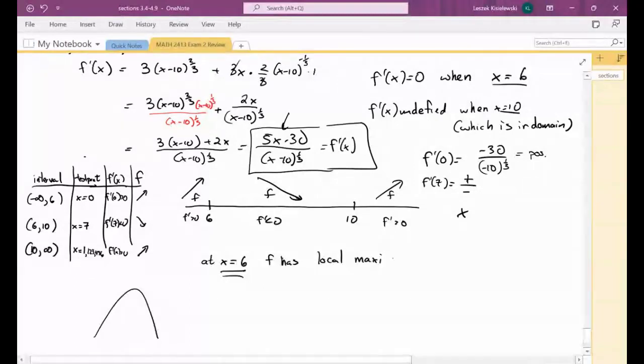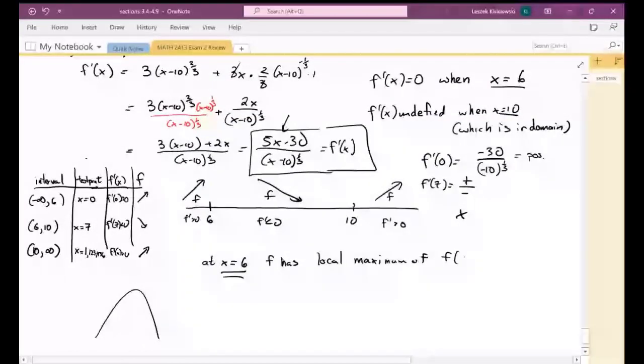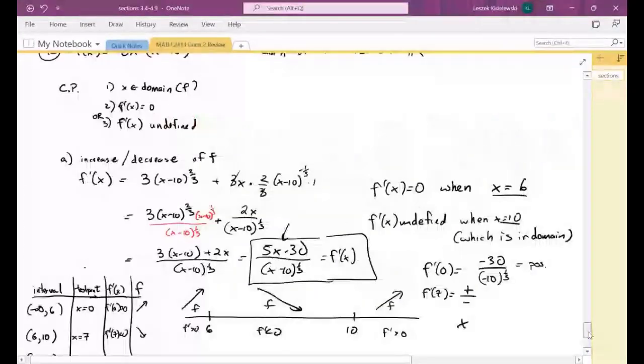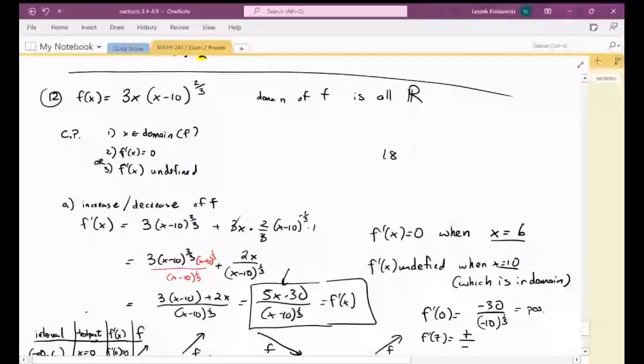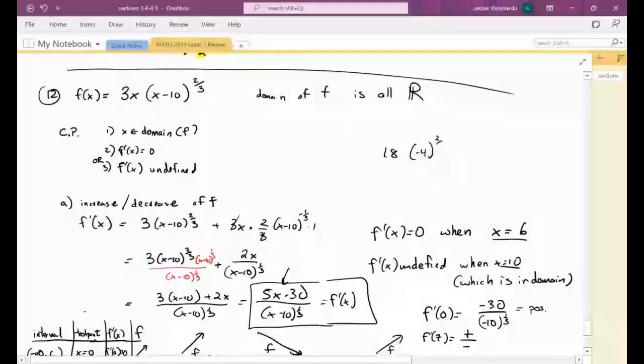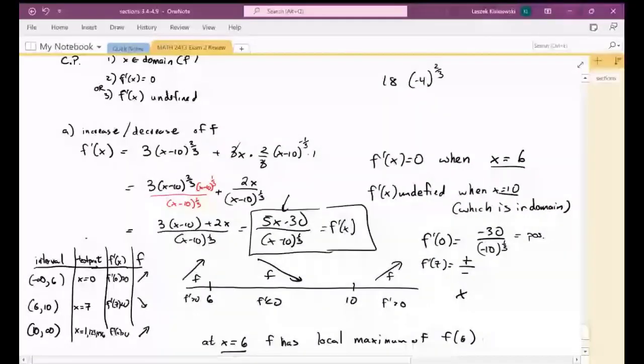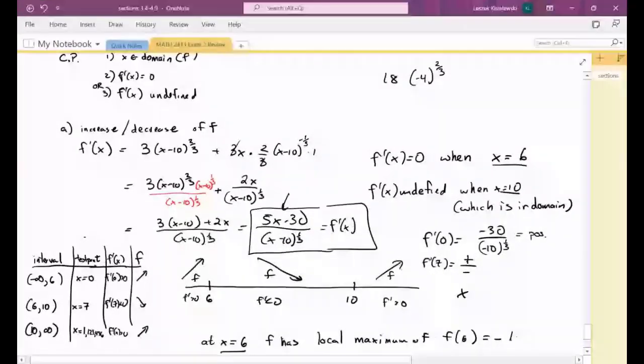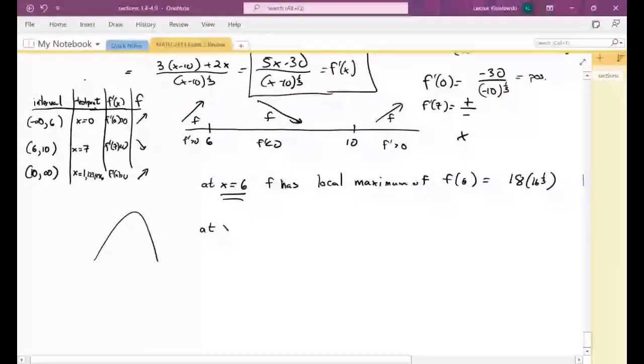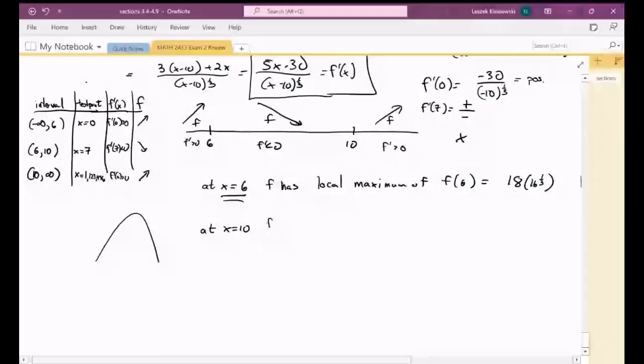So f has a local maximum of f of 6, which I don't know what that would be. It's positive. And at x equals 10, f has a local minimum.